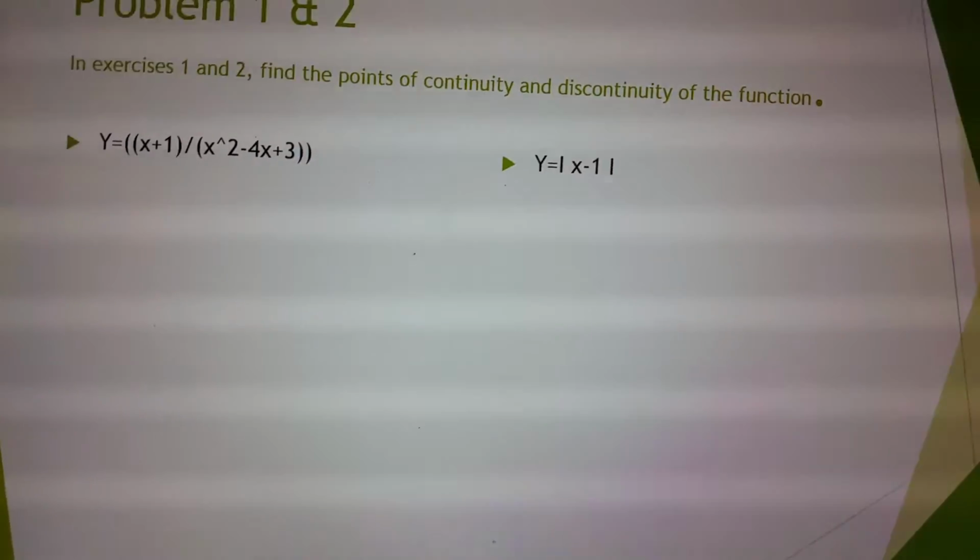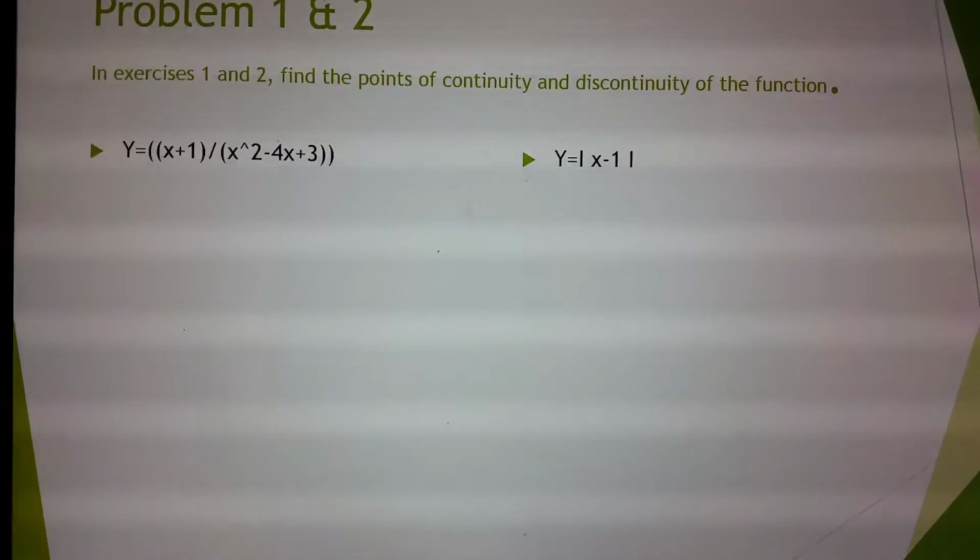Okay, so now we have two problems where we have to find the points of continuity and discontinuity of the function. So our first problem is y is equal to x plus 1 over x squared minus 4x plus 3. Factor the denominator.